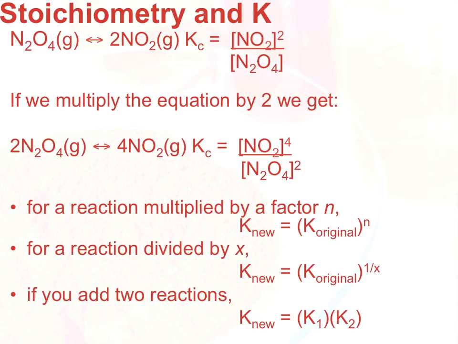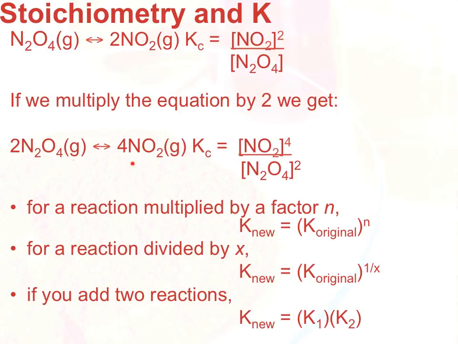If we multiply an equation by some factor, in order to calculate the equilibrium constant for the new expression, we take the original equilibrium constant and raise it to the factor we multiplied by. In this context, we would take our Kc value from up above and raise it to the second power. Why?